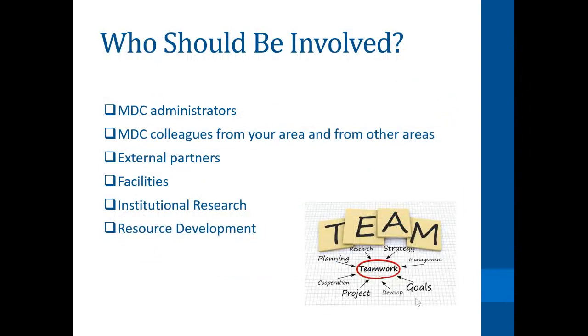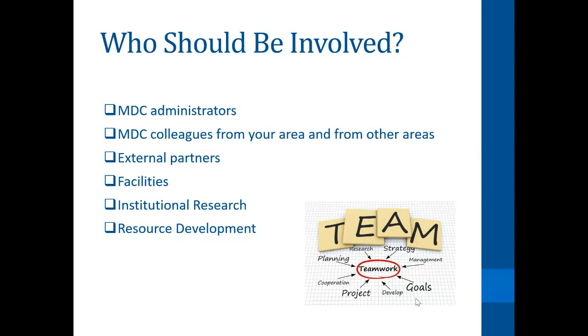This also brings up who should be involved. This should not be a solo approach. Whether it's the Innovation Fund or any grants particularly, you want to have people involved because it's going to take more than one person to write, and it's going to take more than one person to implement once you get awarded, if you're awarded. So make sure you include MDC administrators.